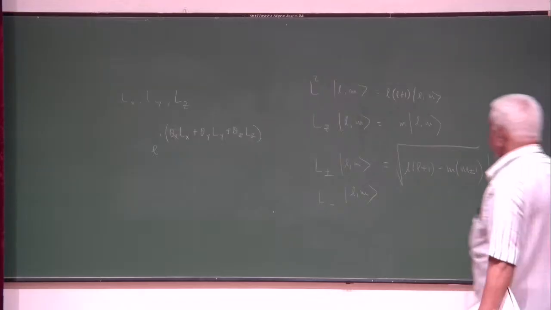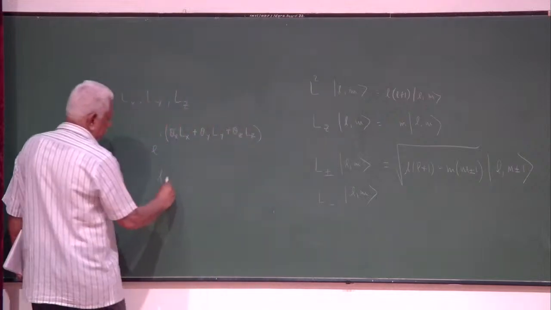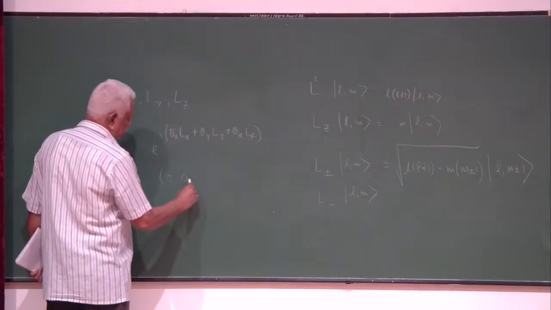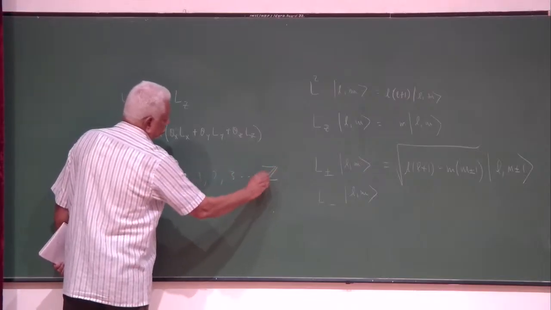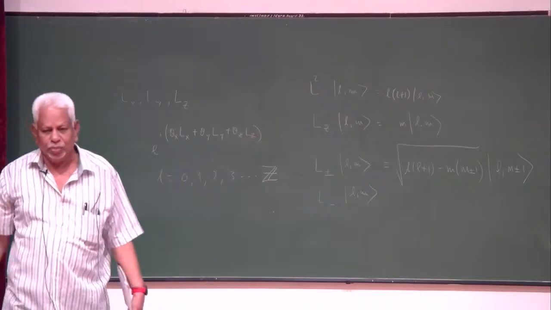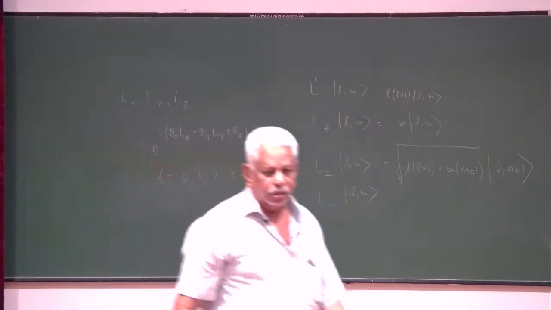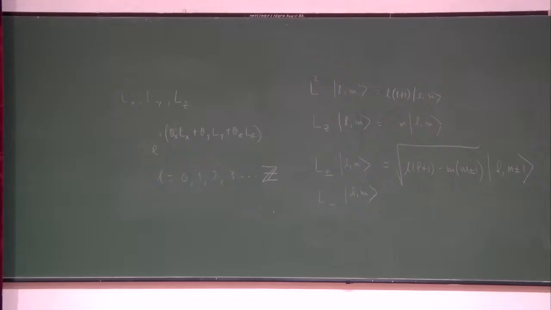Now, the value of L is 0, 1, 2, all integers. In mathematical notation, that is what the Z people write. Okay? The integers. Any value you like for the matrix. That is the way in which you have it. That is why in the hydrogen atom, the same thing is coming for L, but that L value is restricted by the principal quantum number n.